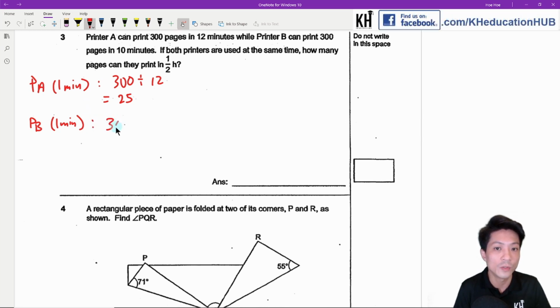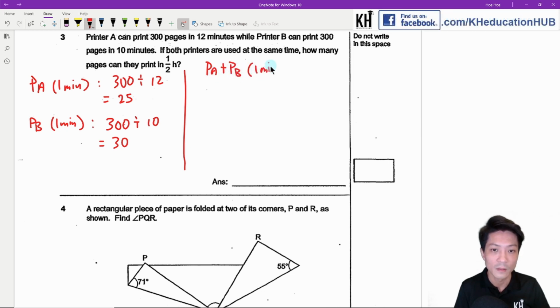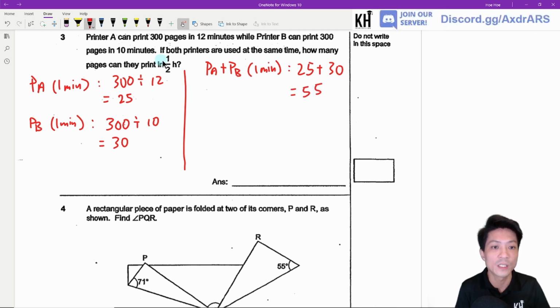For printer B, same thing in 1 minute. Okay, it will be 300 divided by 10, which will be 30 pages. Okay, if both printers are used at the same time, which means that printer A plus printer B. In 1 minute they can print 25 plus 30, which is 55 pages.